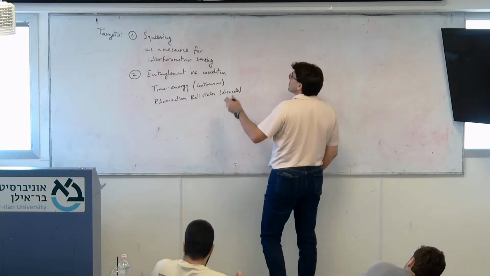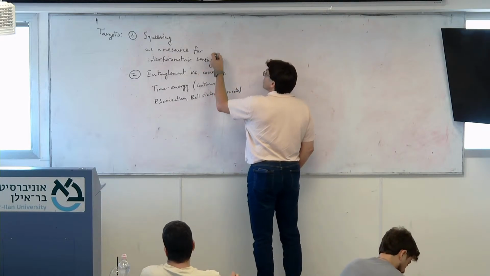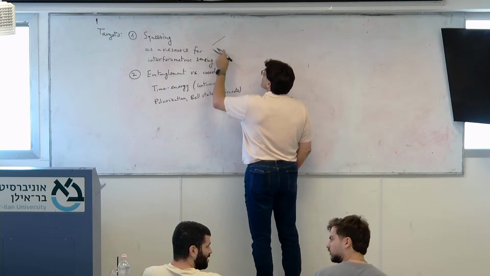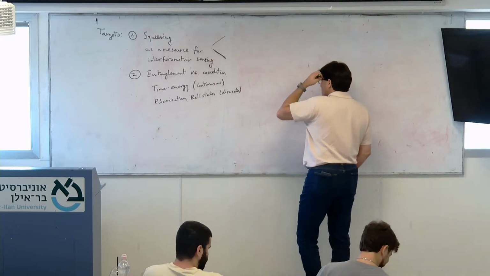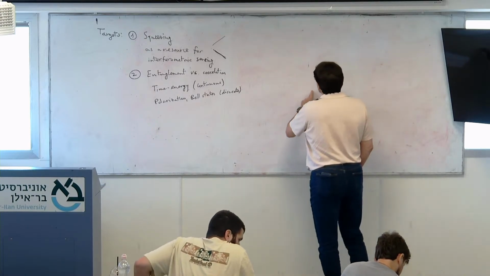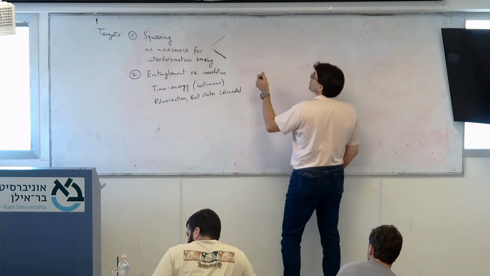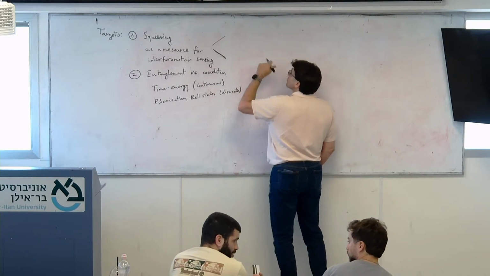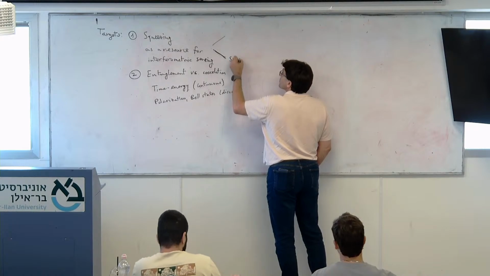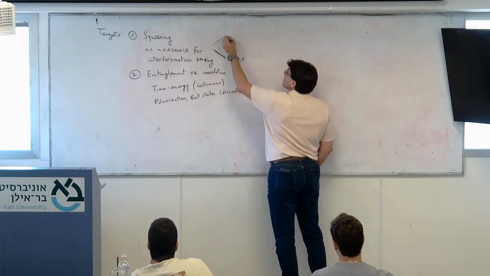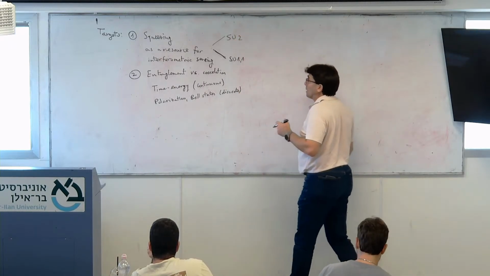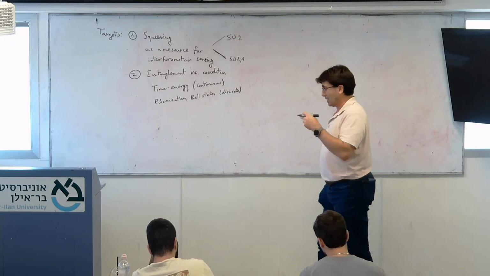So here, we start with number 1, and we have here 2 things that we want to do, and that is SU(1,1) and SU(2).